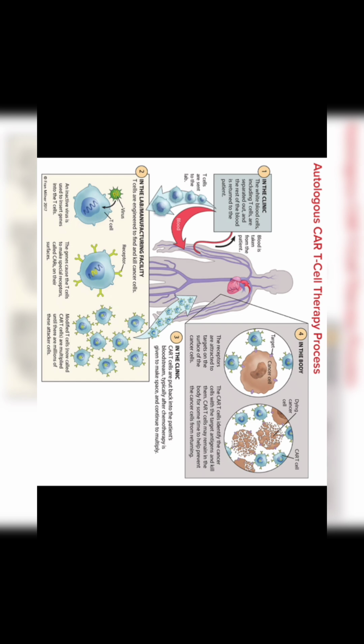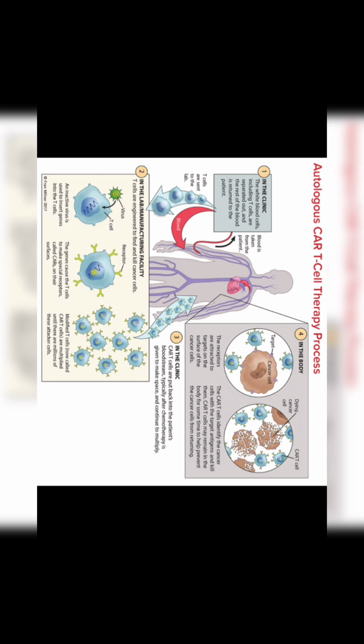As you know, the basic concept of recombinant DNA technology is that to transfer the gene of interest into the host cell, you need a vector. So here we are using the viral vector to transfer that CAR gene into the genome of the T cell.